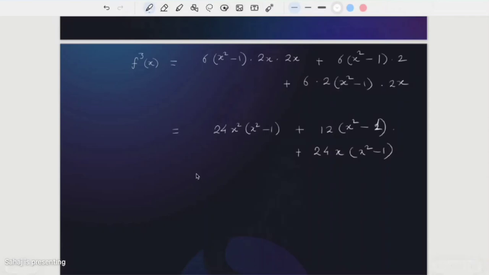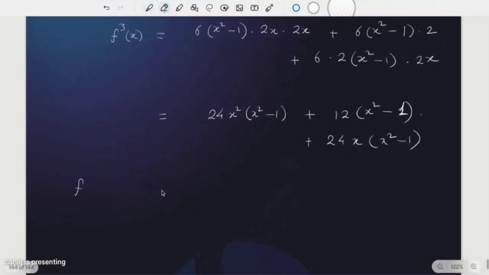We can take 12 common, but there will be no effect on it. So we'll just put in the value. We'll put 0 right here. 0 is done. Only the plus 1 and minus 1 remain.